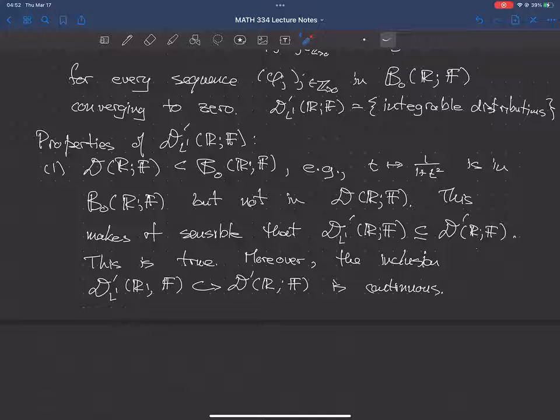So the topology that you use, and this is the common thing for spaces of distributions, is this weak topology that we talked about, or the pointwise convergence topology. So continuity here means that a converging sequence here maps to a converging sequence here.